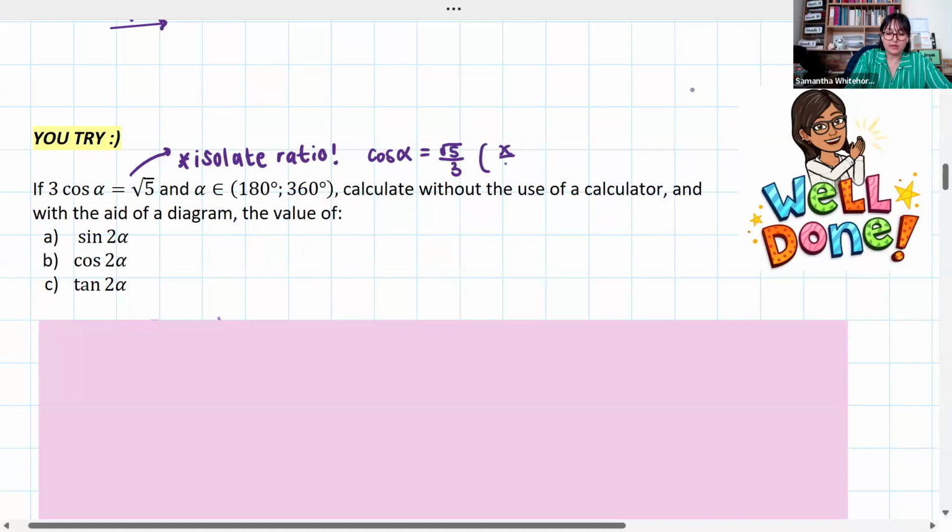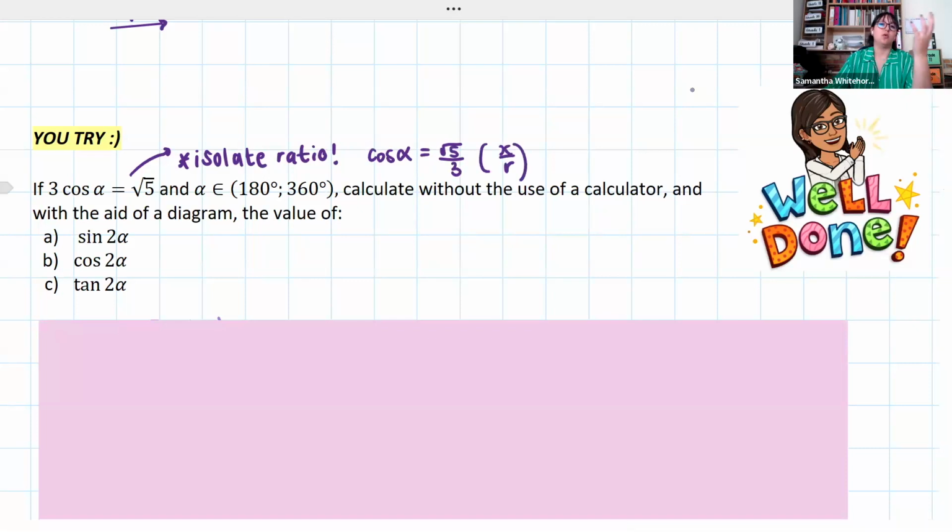This is now your x over r, or your adjacent over hypotenuse. So just always remember to isolate your ratio first if it isn't already isolated before you do anything else. Like I said, you should remember that from last year, but just in case, there's a little reminder.